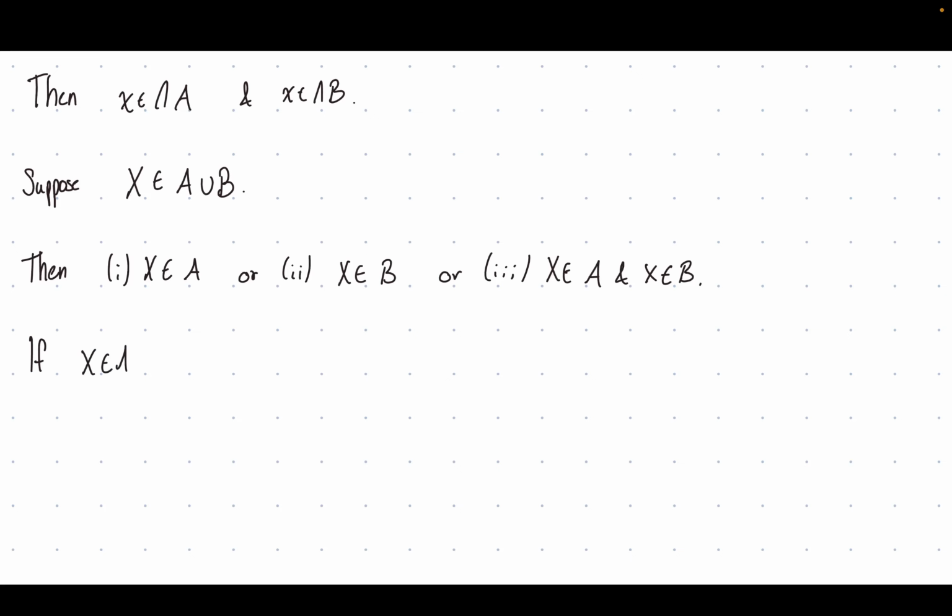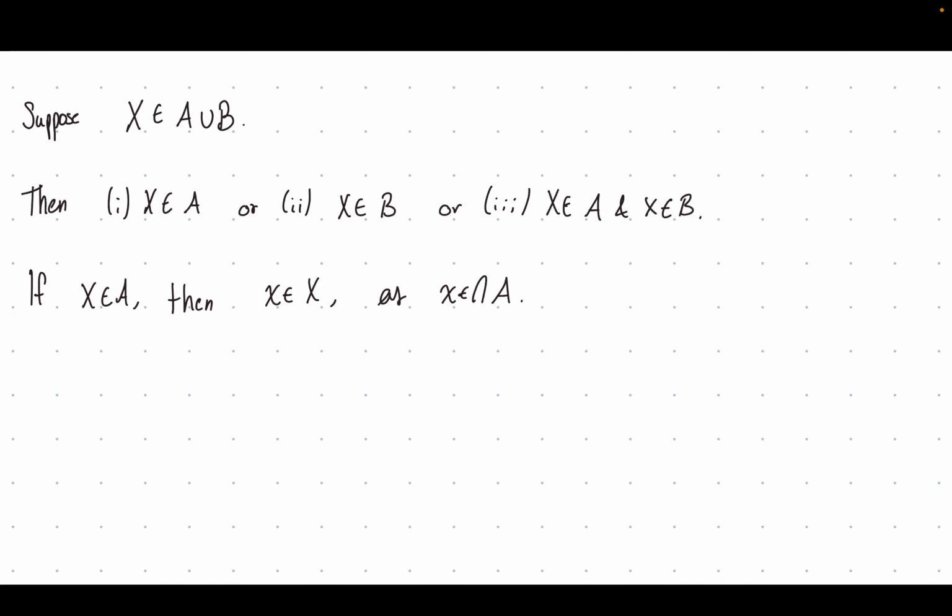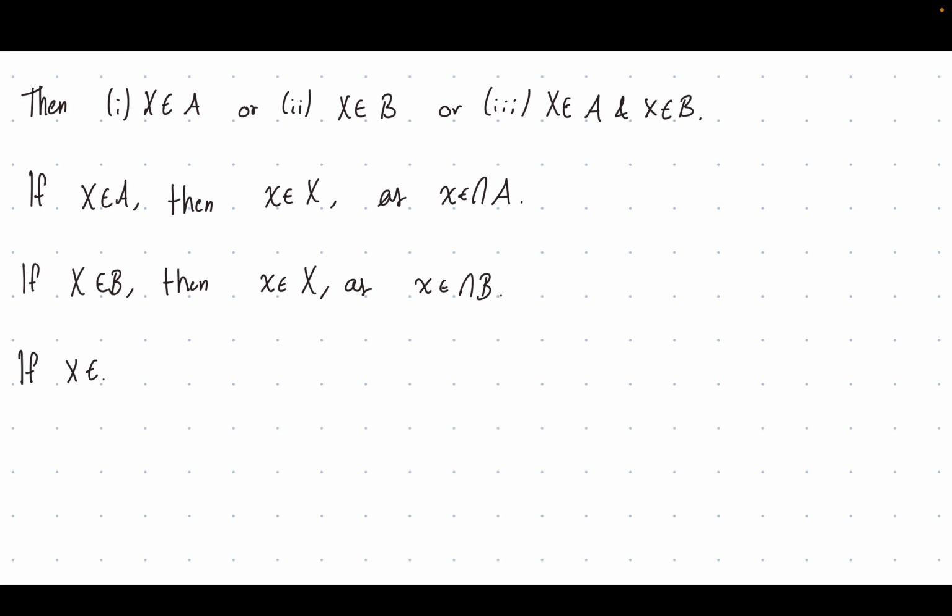If X is in A, then little x has to be in X, as x is in the intersection of A. Then if big X is in B, then little x has to be in big X, as little x is in the intersection of B. And if X is in A and big X is in B, then both 1 and 2 apply.